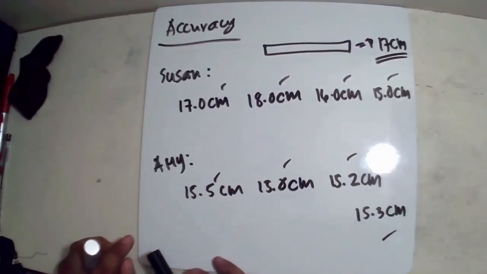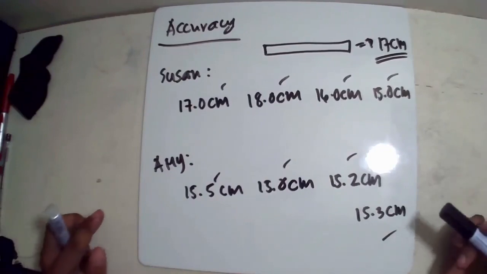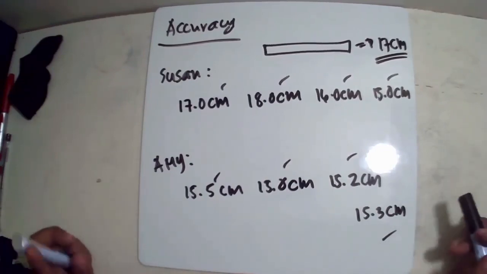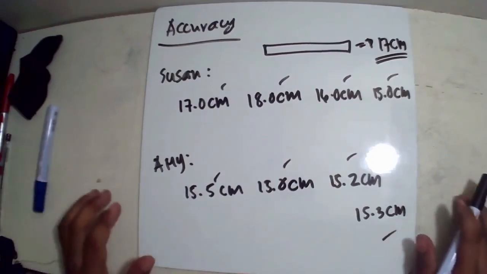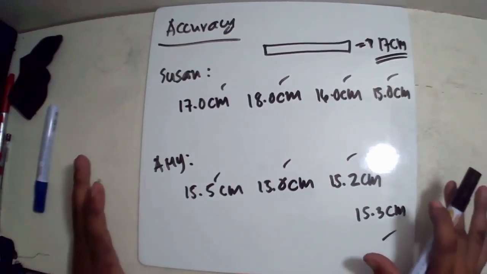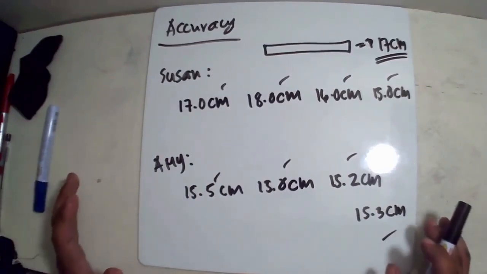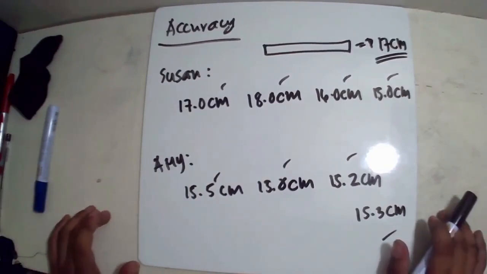While Ami arrived at this data: 15.5 centimeters for observation number 1, 15.0 centimeters for observation number 2, 15.2 centimeters for observation number 3, and 15.3 centimeters for observation number 4.